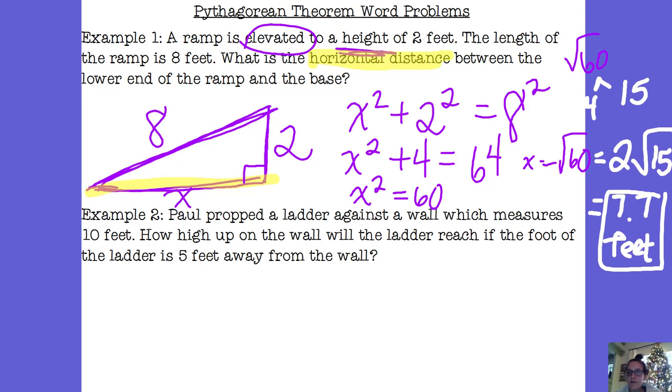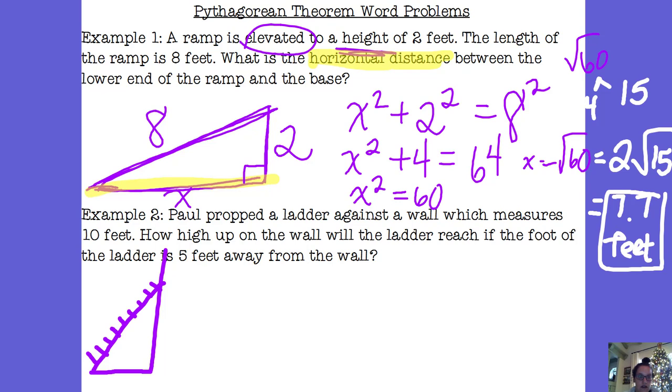Okay, in our second example, Paul propped a ladder against a wall. So here's the ground, here's our wall, and here's our ladder that gets propped up against the wall. So here's the ladder. And the ladder's 10 feet long, and it asks us how high up on the wall will the ladder reach.